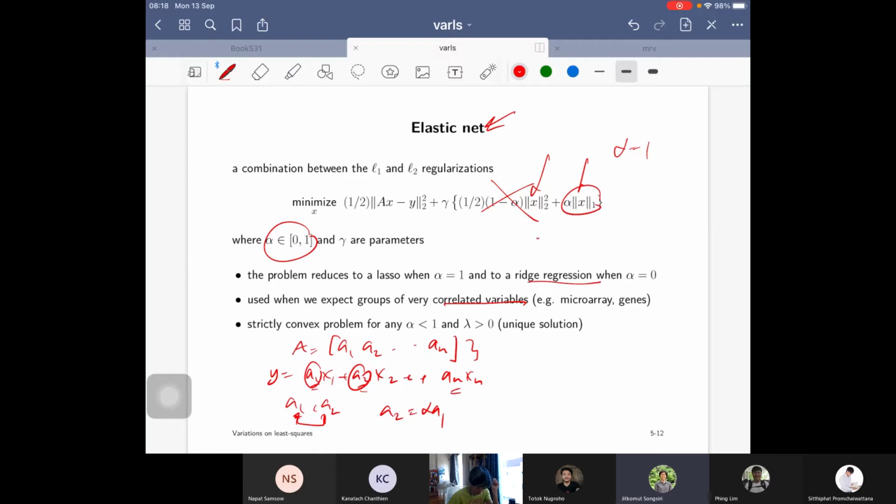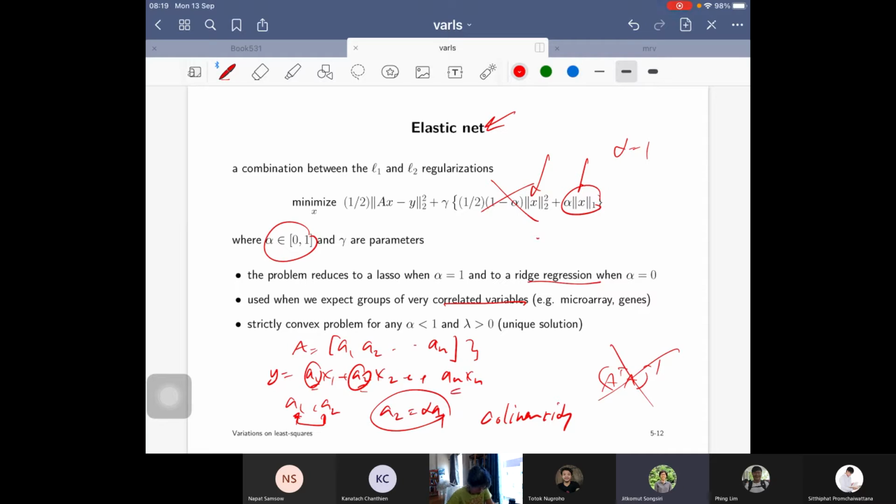We have seen this before. This is called the collinearity problem. When you solve the least squares, these matrices may not be invertible when some columns of A are dependent.